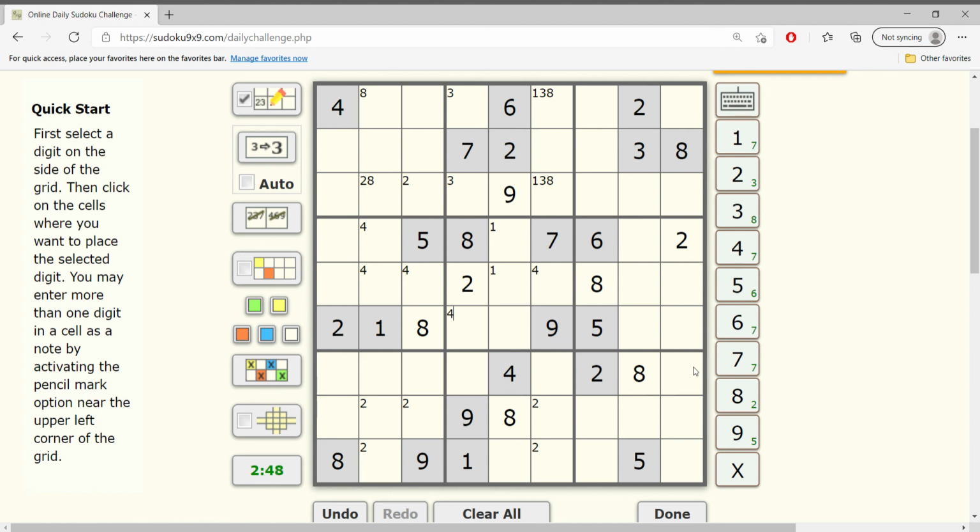Okay. Now 5 is in 2 cells, right? And then in the middle it's in 2 cells, like this. 6 is flat in this box, like this.